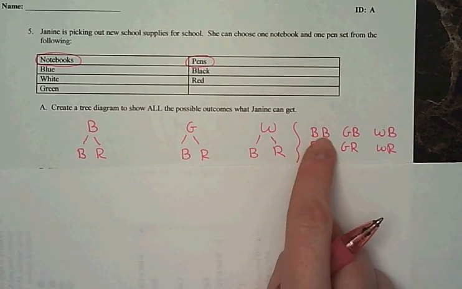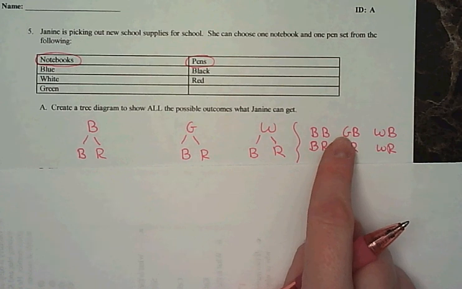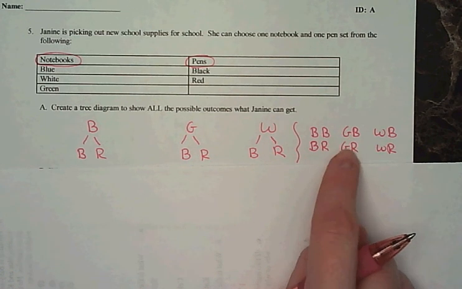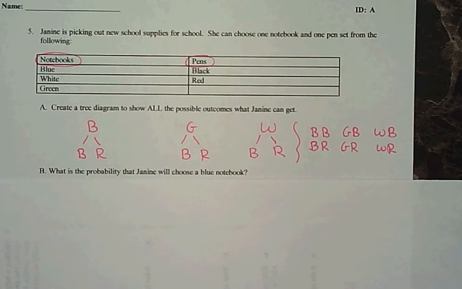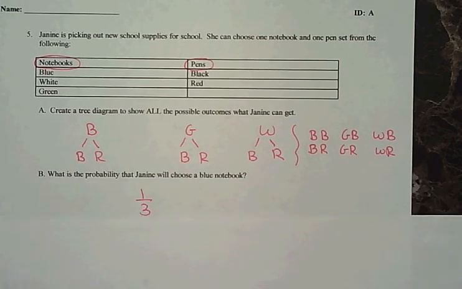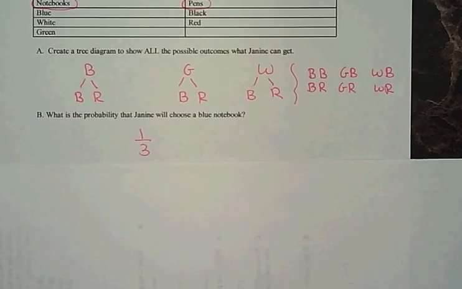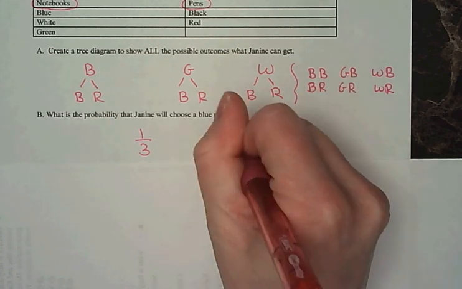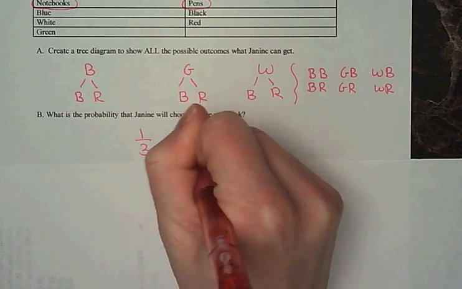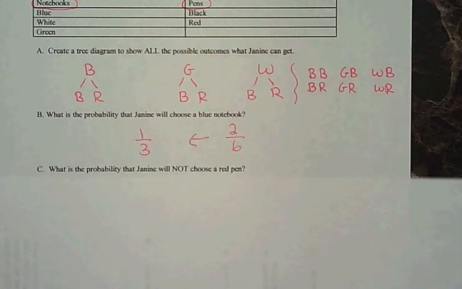We have blue, black, blue, red, green, black, green, red, white, black, and white, red. And letter B, what's the probability that Janine will choose a blue notebook? The blue should have been 1/3 because there's 2 that have blue notebooks, or 2 out of 6, which is the same as 1/3.